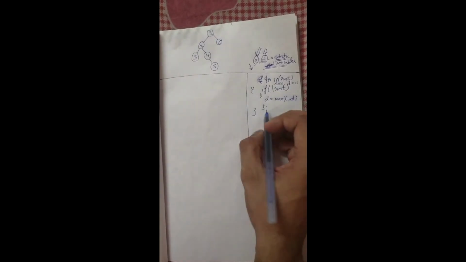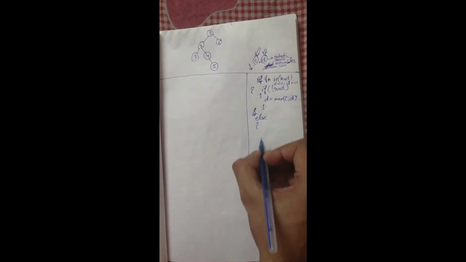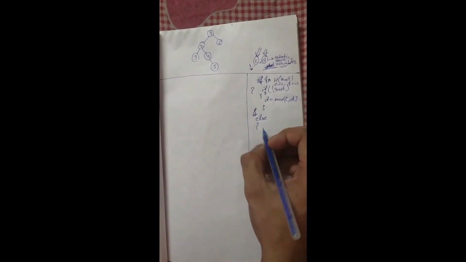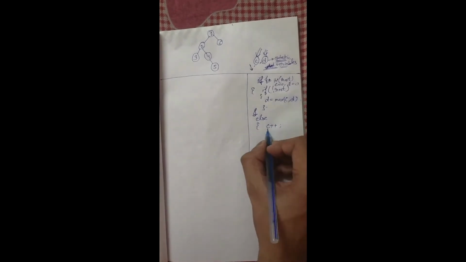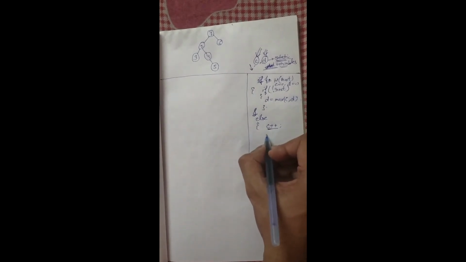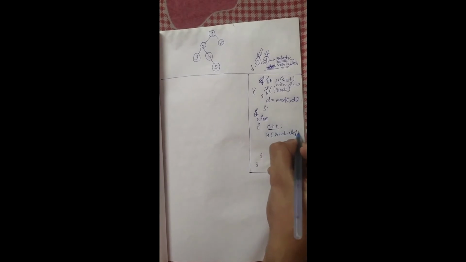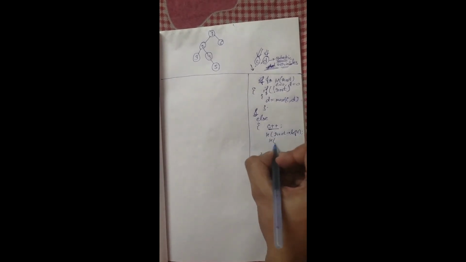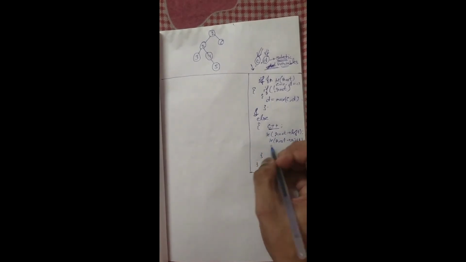So here, and else, as I told you that whenever I visit a node, I increment C, I check for its left part, I check for its right part, and see my number.